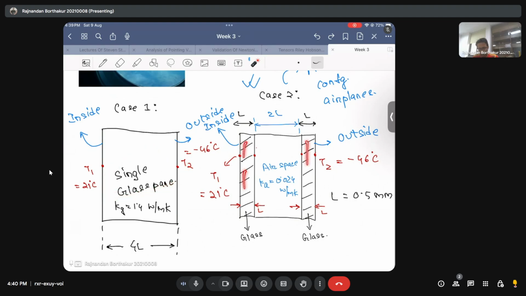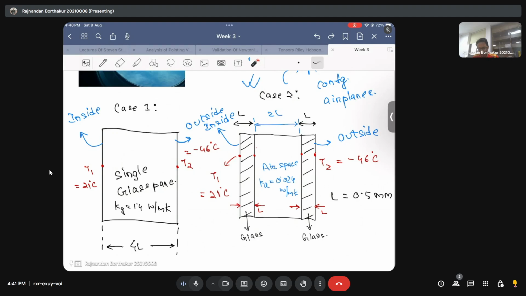Why a sandwiching glass pane with airspace in between is used, and the reason we saw that in case 2, the rate of heat transfer was very much less with respect to K1, and that is typically because air has a very low thermal conductivity. Okay, and that's why this configuration is desirable. And we just did a simple analysis.